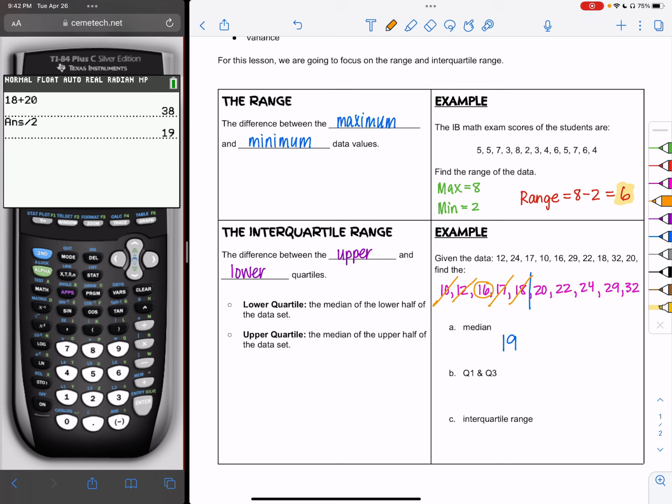So that is my Q1, because Q1 is the median of the lower half. Now I need to find the median of the upper half, which is our Q3. If I look at the upper half and cross one off on each end, I end up with my Q3 being 24.